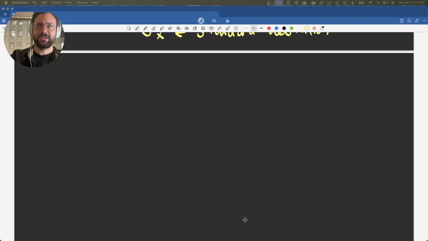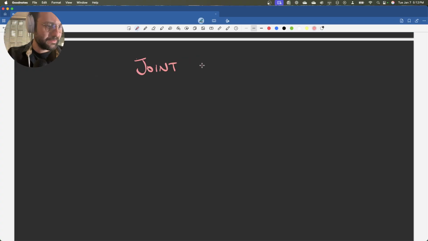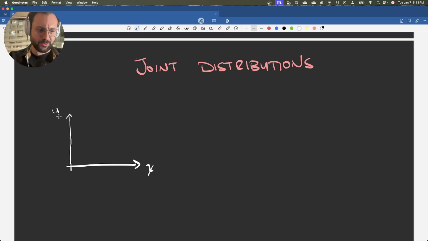So here, let me put the title. Joint distributions. Imagine a scenario in which we have x's, and the probability of these x's being, it's simplistic, 1 or 0, but at the same time, with some certain probability, we can observe a random variable y as well.